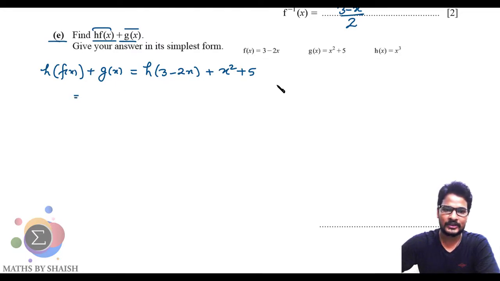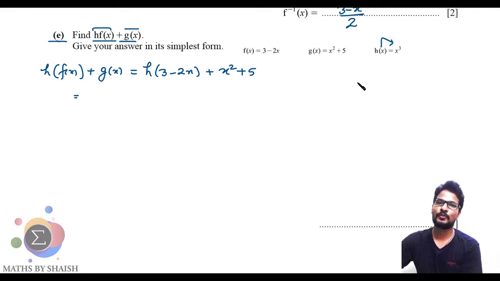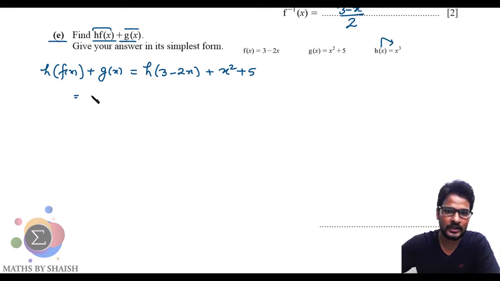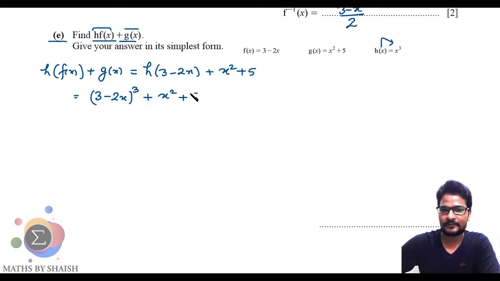Now we will use the h of x property: the input gives the output as the cube of the input. So here the input is 3 minus 2x, so the output would be 3 minus 2x whole cube, plus x square plus 5.